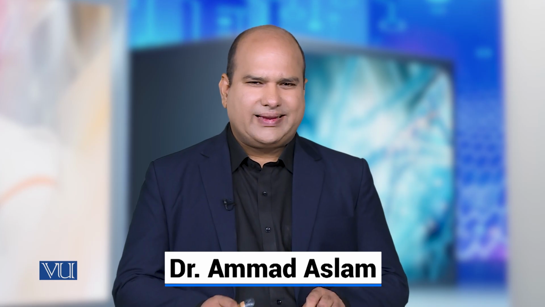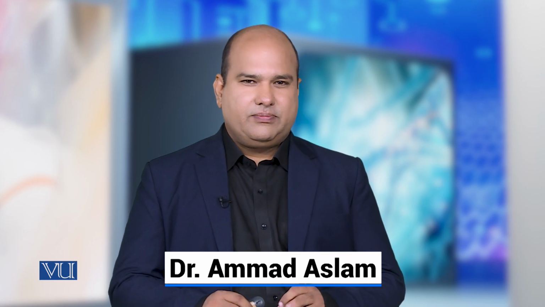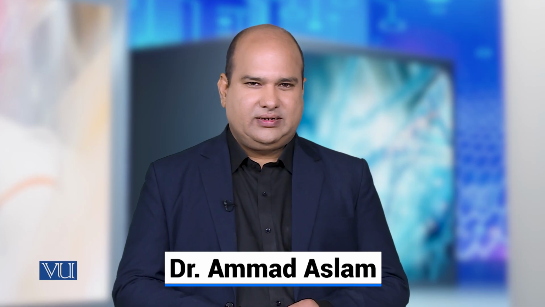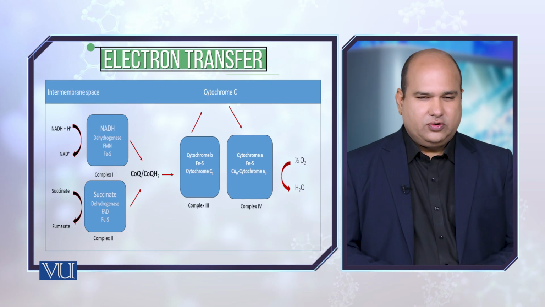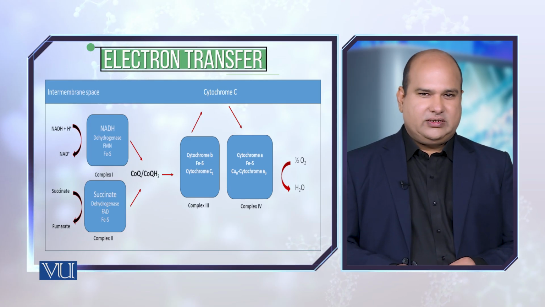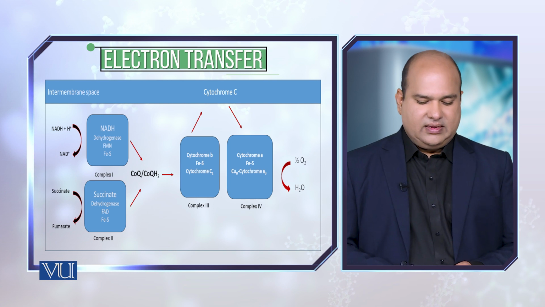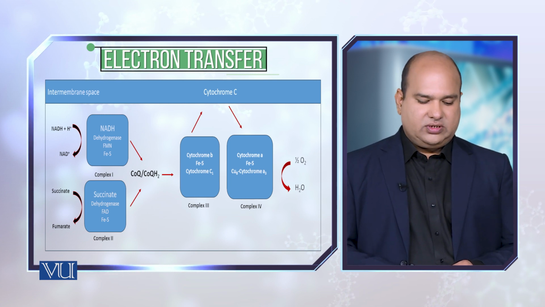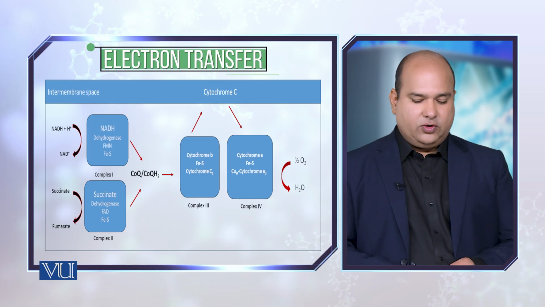Dear students, now let us go into more mechanistic details of the functioning of the electron transport chain. As I have already told you, the electron transport chain is composed of 4 complexes, the complex 1, complex 2, 3 and complex 4.